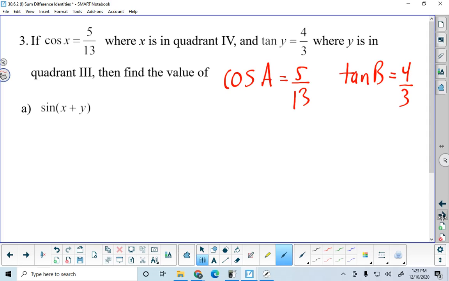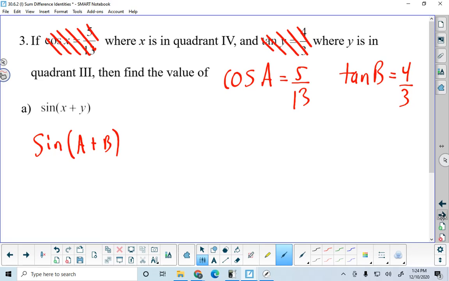Everything else in the question is still the same, but I want to not use x and y when we do our work. That means what you were asked to find is sine of A plus B.